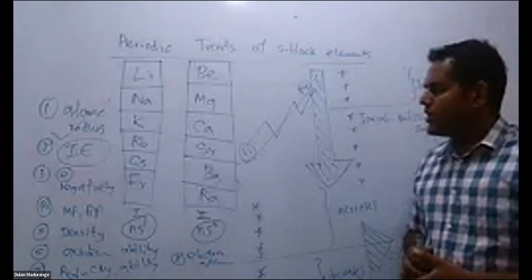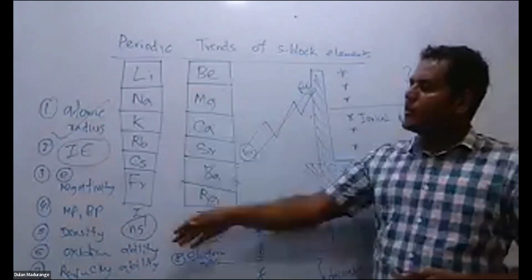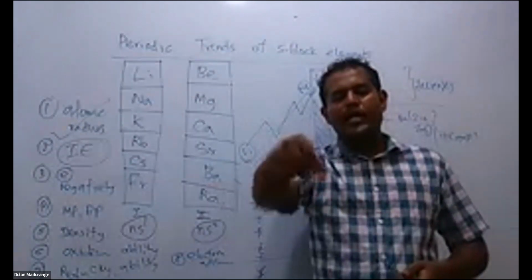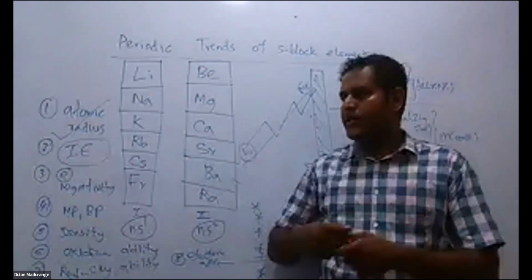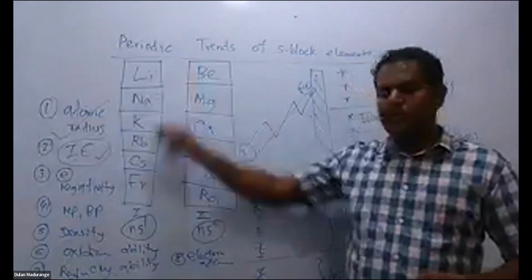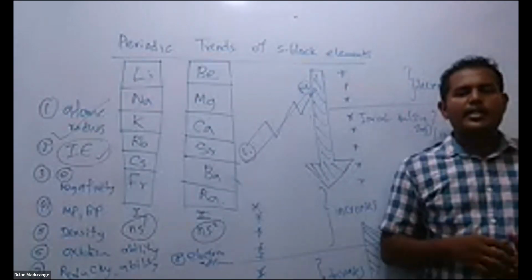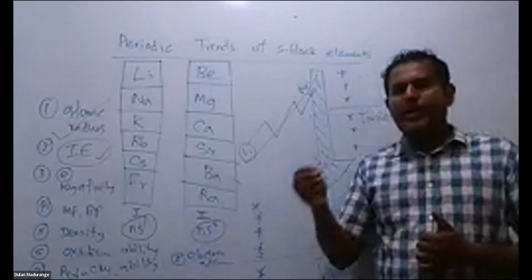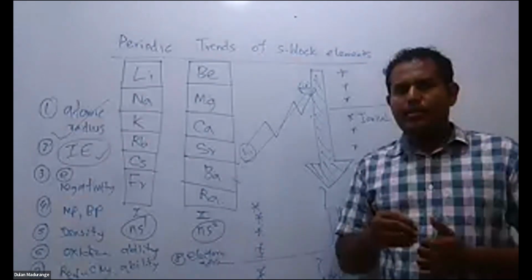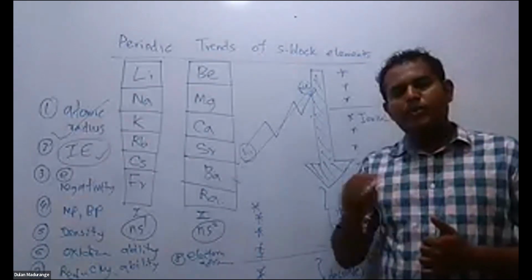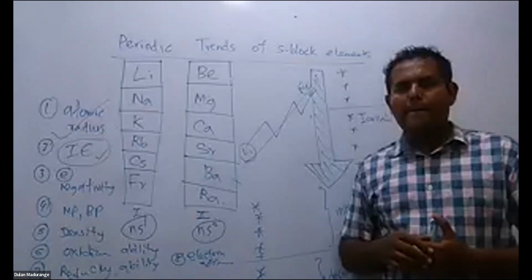Okay. Downwards group, what will happen to ionization energy? Just recall, what is the reason? Ionization energy means the amount of energy that we have to supply in order to remove the outermost electron.